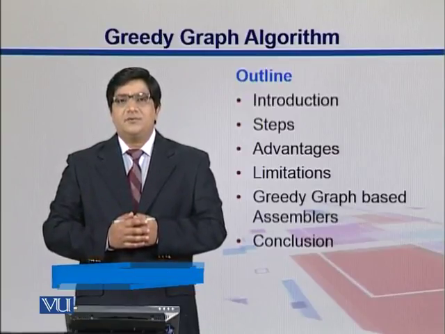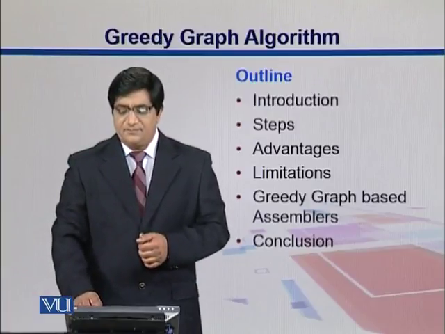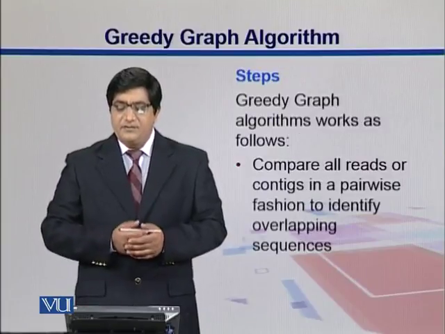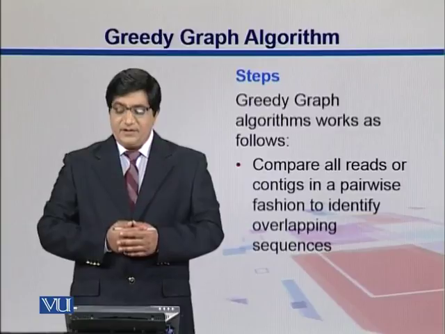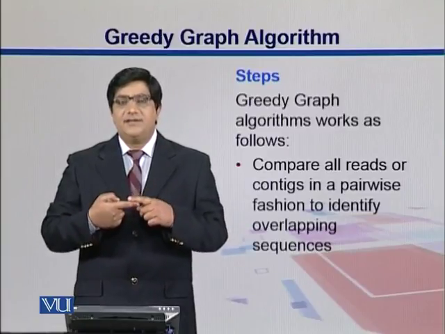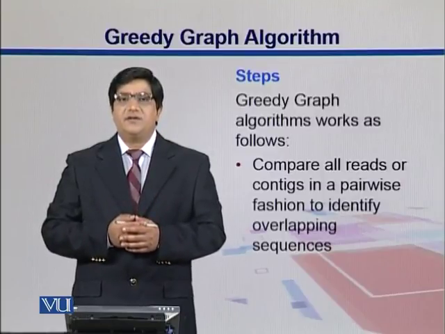So this is the approach where, in assembly, we compare all reads and or contexts in a pairwise fashion. So all reads with one another, align them, and then towards the ends of those reads, you will find the overlaps.